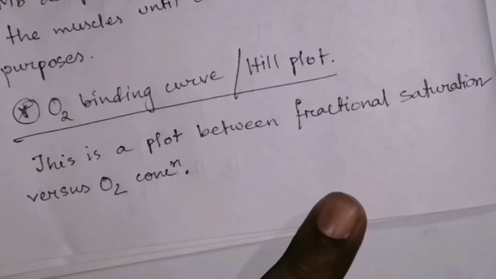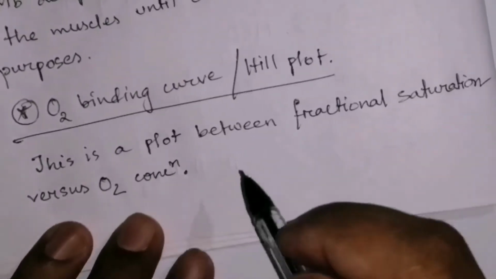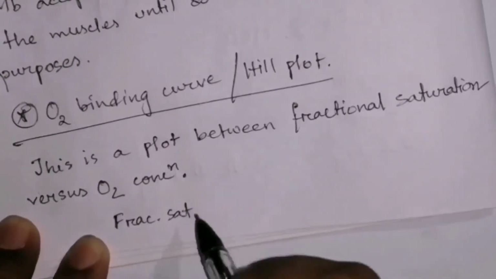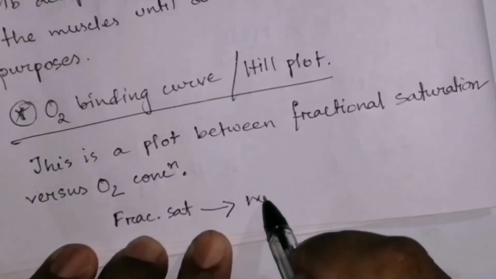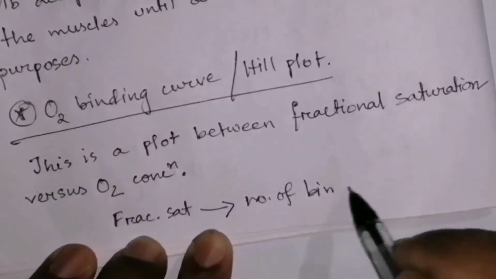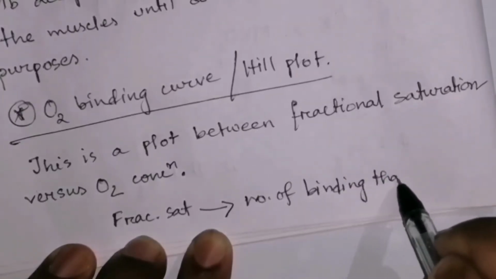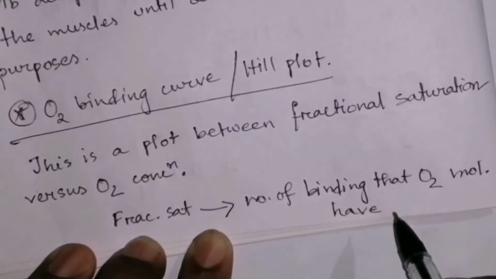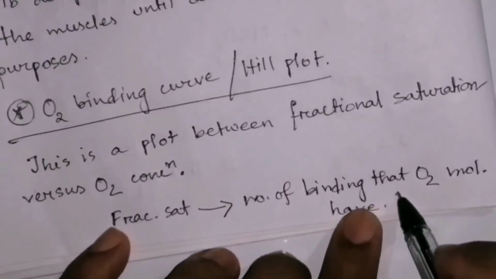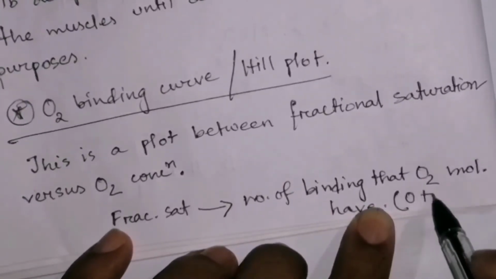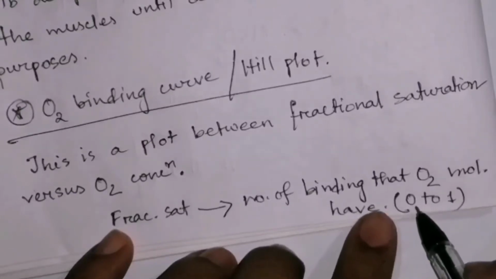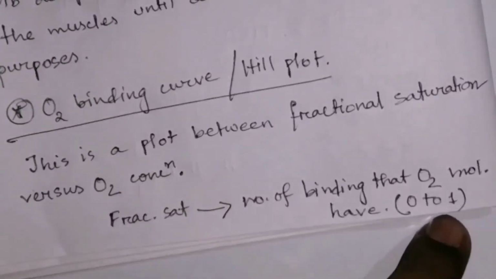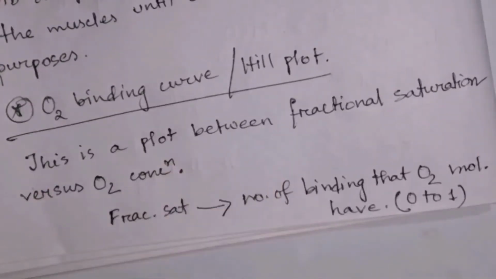The fractional saturation indicates the number of binding sites that oxygen molecules have, which may range from 0 to 1. 0 indicates that all the binding sites of oxygen are free, and 1 indicates that all the binding sites of oxygen are filled up.